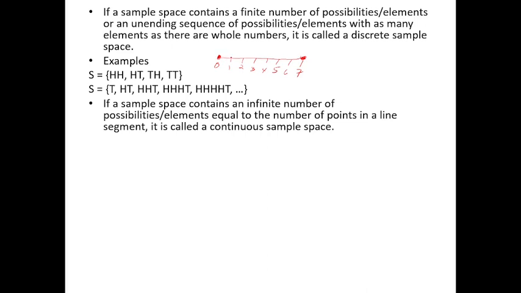Walang katapusan yung dami ng mga points sa pagitan ng 0 and 7 dito sa line segment na to. Okay? Bakit? Tignan natin. From 0 to 1, di ba, meron kang 0.5. Gitna ng 0 at saka 0.5, 0.25. Gitna ng 0 at saka 0.25, 0.125.